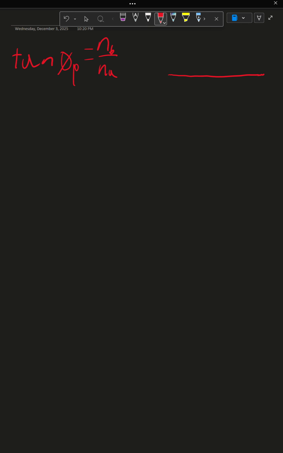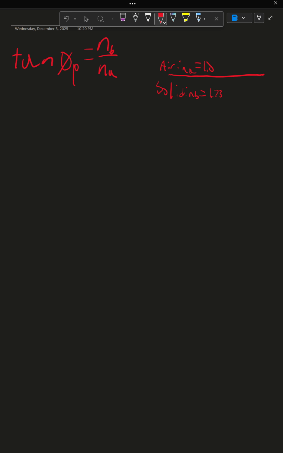Here is the dividing line between the solid and the air. Air is n a equals 1.0, and the solid has a refraction index of n b equals 1.73.